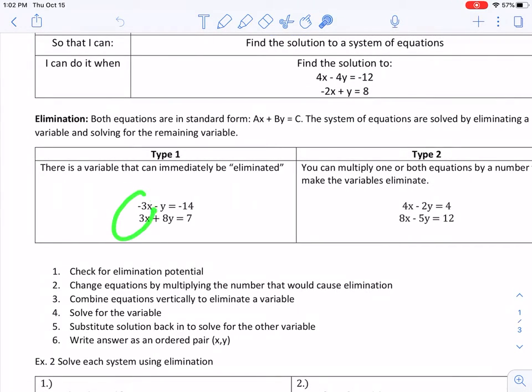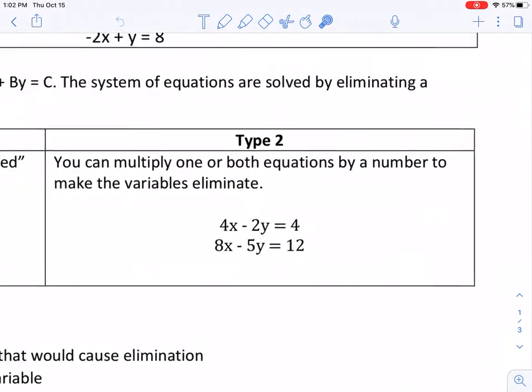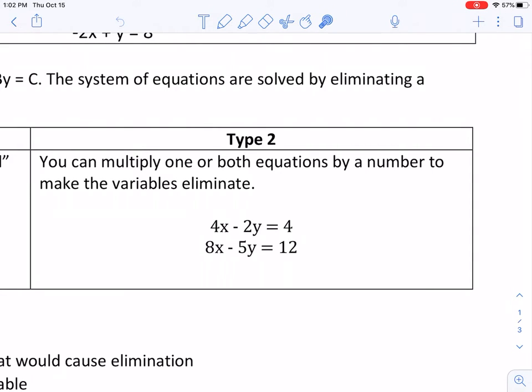These are really nice. The second type is that we have to multiply one or both equations by a number in order to make the variables eliminate. So if we're looking here, we don't have anything that's going to cancel each other out. They're not going to cancel or eliminate. Our x's or our y's will not eliminate just leaving these equations how they are.